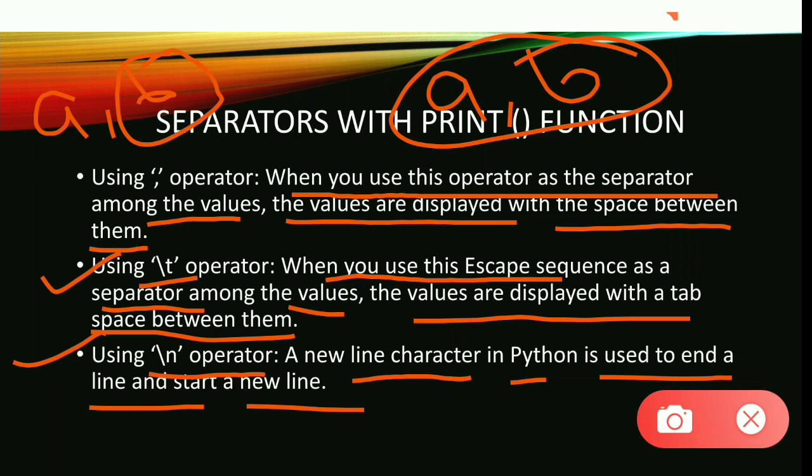Okay, means if you want a single space between your arguments, then you can use the comma. If you want a tab space between your arguments, then you can use the tab space. If you want to see your next argument in the next line, then you can use the new line character.